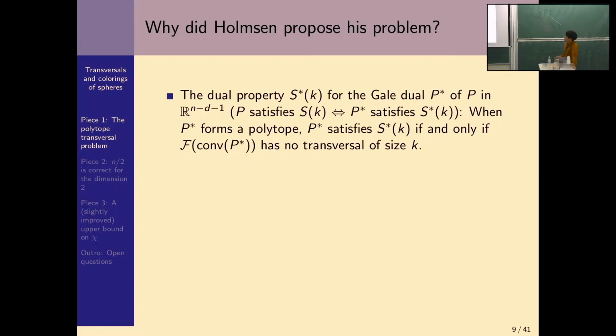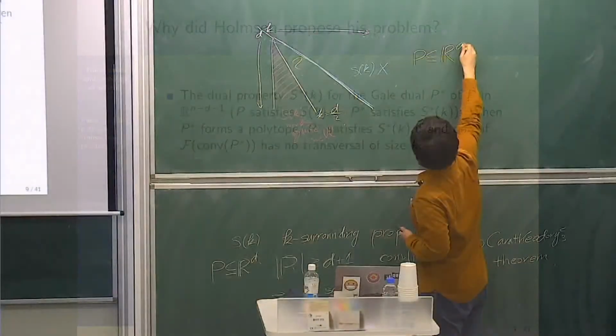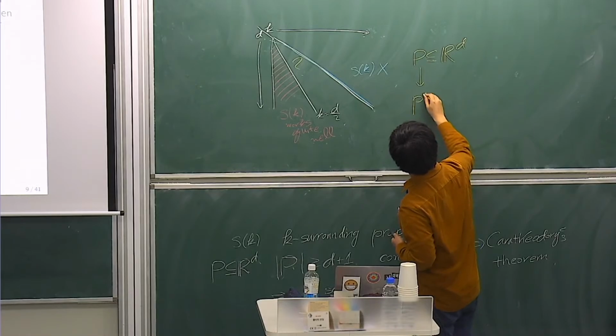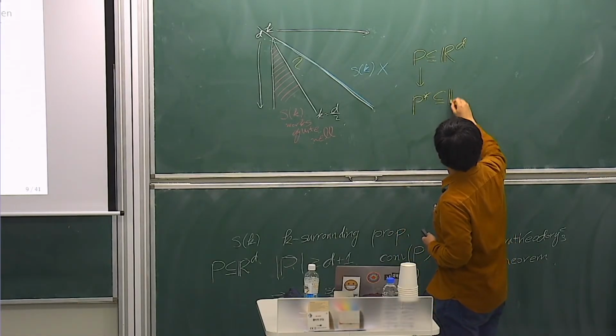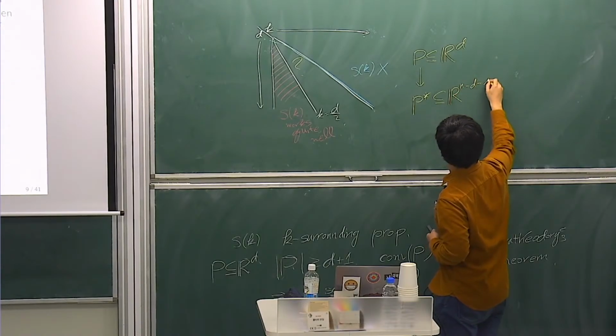So what is the Gale dual, and why do we consider it? Actually, there is a concept called the Gale dual, which sends an arbitrary point set to another point set in R^(n-d-1). So if we have a point set P in R^d, the Gale dual operation sends it to another point set P star in R^(n-d-1).